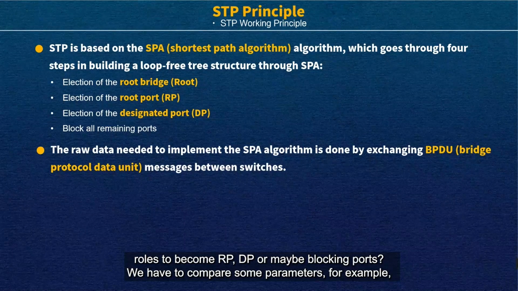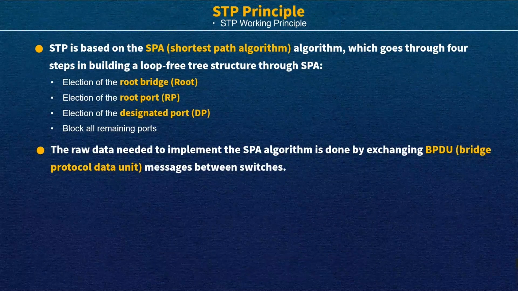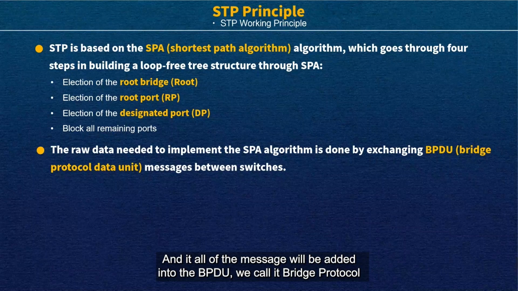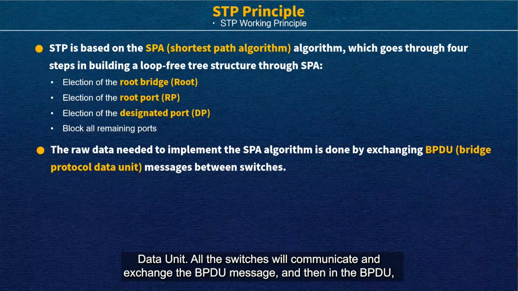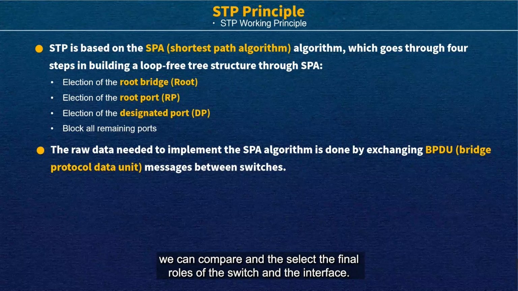We have to compare some parameters, for example the priority of the switch, the priority of the interface, something like this. All of the messages will be added into the BPDU, the Bridge Protocol Data Unit. All the switches will communicate and exchange BPDU messages, and in the BPDU we will see lots of parameters of the other switches. Then we can compare and select the final role of the switch and the interface.